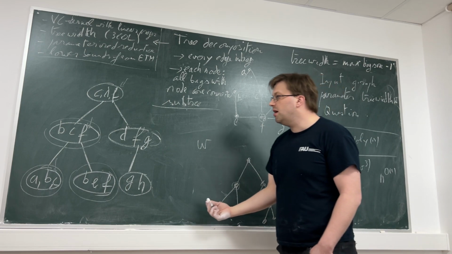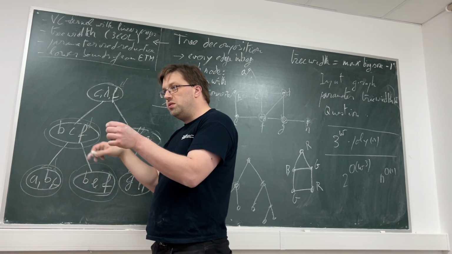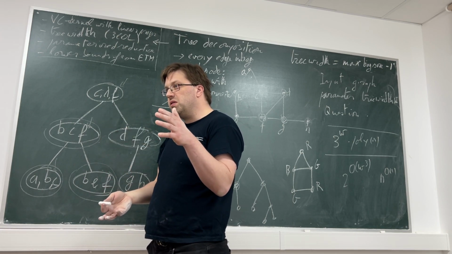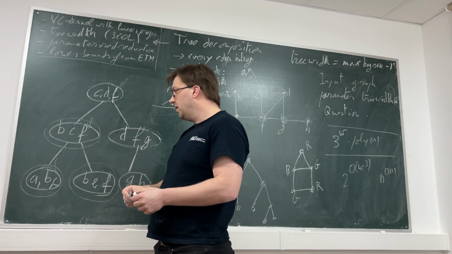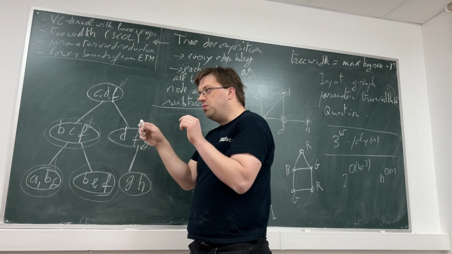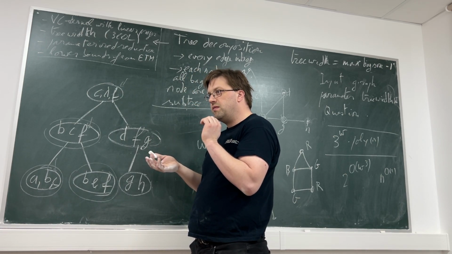And so we will do dynamic programming. We will pick a leaf, look at all the nodes in this leaf, and make a set of all possible colorings of these nodes. The plan is for every node to write down the set of possible colorings.